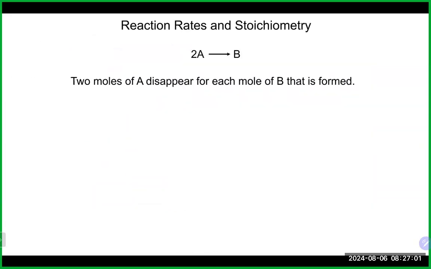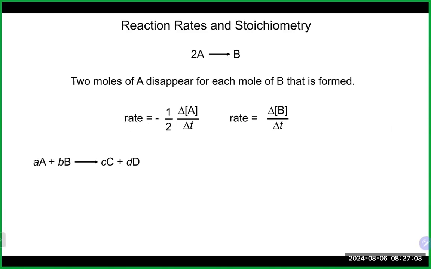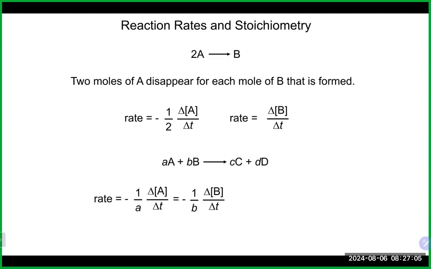So when we talk about these rate expressions, of course, everything that we talked about a lot in this semester deals with stoichiometry, and kinetics is no different. So when you're dealing with reactions and kinetics, you do have to take into account stoichiometry and really the mole-to-mole relationship that occurs.